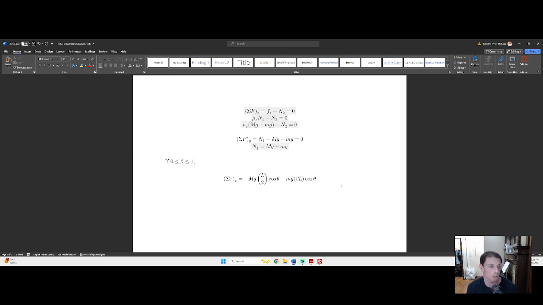This might be something you do because maybe you can't immediately see what the condition is for the maximum torque exerted by the person. If I'm not thinking too hard about this and I can't see it, this is something I might do when solving this problem.